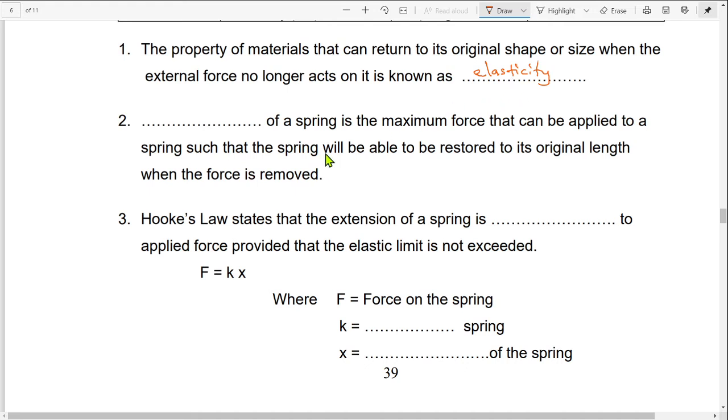Okay, 2. Of a spring is the maximum force that can be applied to a spring, such that the spring will be able to be restored to its original length when the force is removed. So what is this? This is actually our elastic limit.